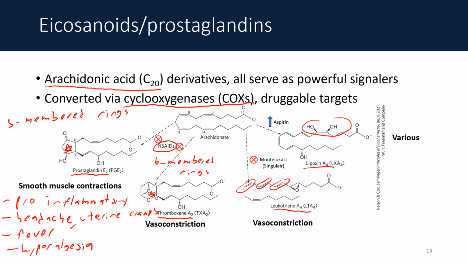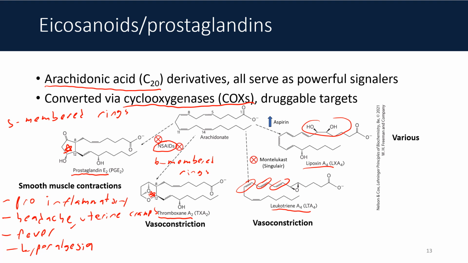These are medicines like aspirin, ibuprofen, Aleve. And how these operate is they are suicide inhibitors of the types of COXes that convert arachidonate into prostaglandins. So it's going to reduce your fever, make you hurt a little bit less, maybe ease your headache, and so forth.